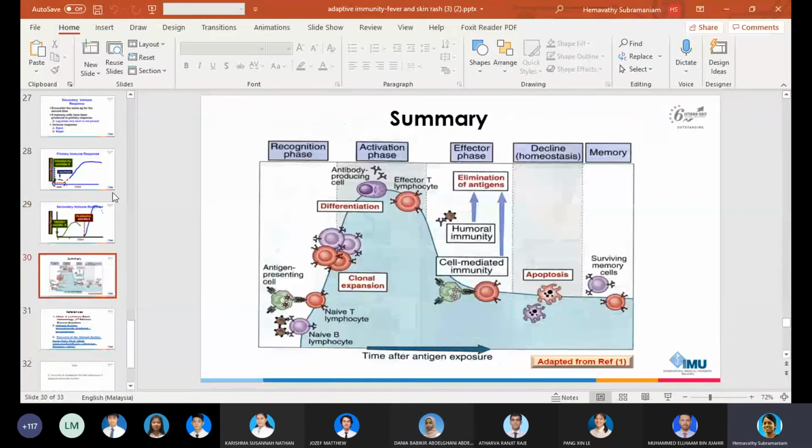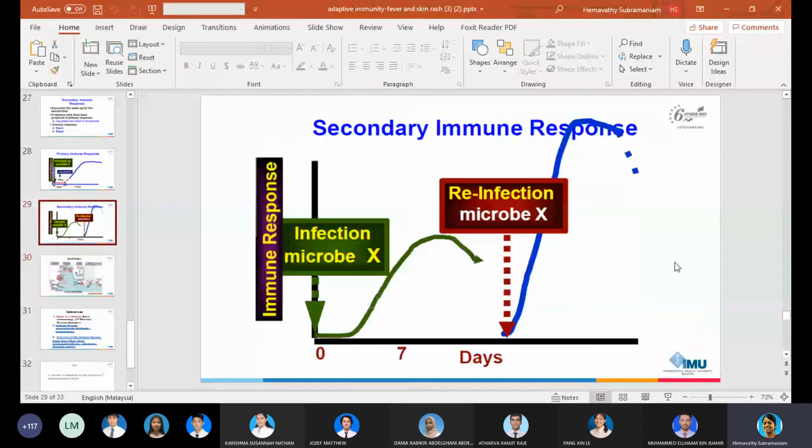Okay. Anything else on this infection and reinfection? All right. If there are no more questions, then we can move on to the next slide. This is a general overview.